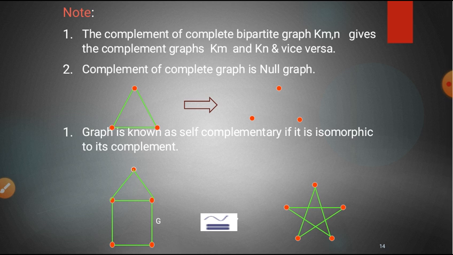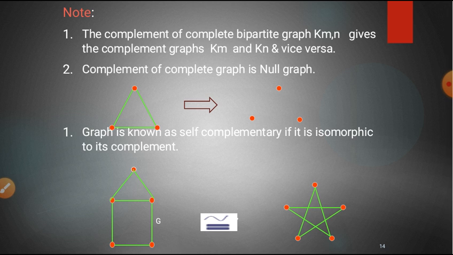So we cannot put any other edge between the vertices, because every possible connection is already done. If we are not repeating the edges, there is no option to put any edges, so the obtained graph is a null graph.